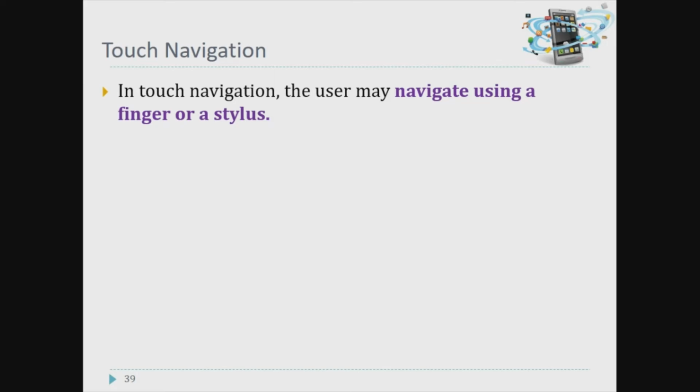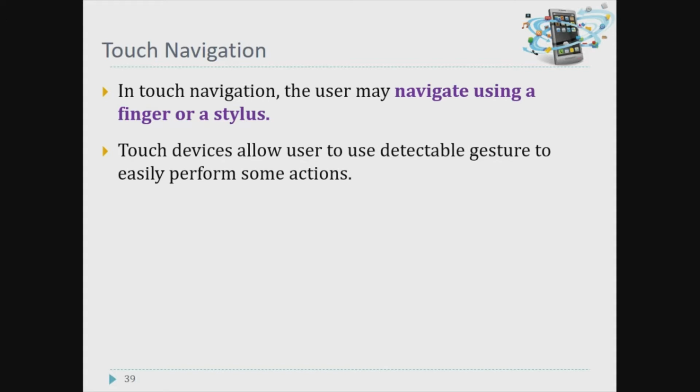Okay, the next part is the touch navigation. In touch navigation, the user may navigate using a finger, our fingers, touching the screen, or a stylus. Touch devices allow the user to use detectable gestures to easily perform some actions, based on our touch.